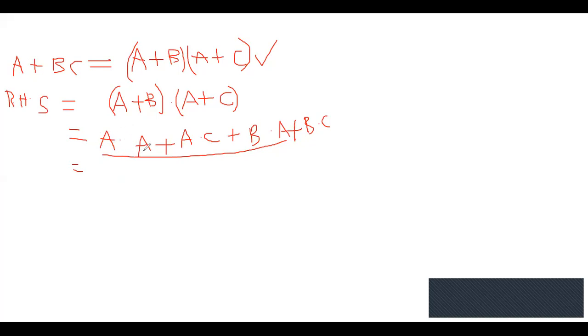In that, if you see the previous class, A dot A is equal to A. Plus, same as it is, A dot C, plus B dot A or A dot B. Both are the same, by the commutative law, A dot B equals B dot A. So both are the same. A dot B plus B dot C.